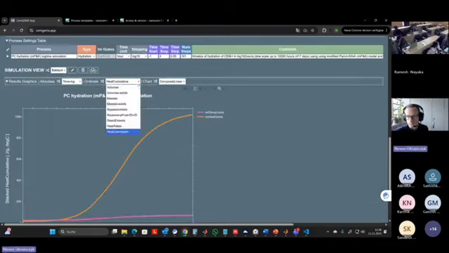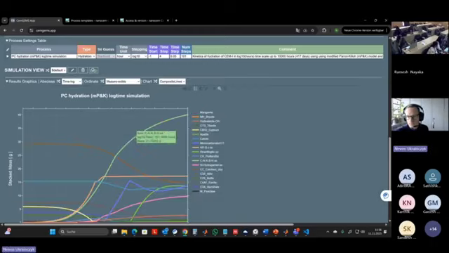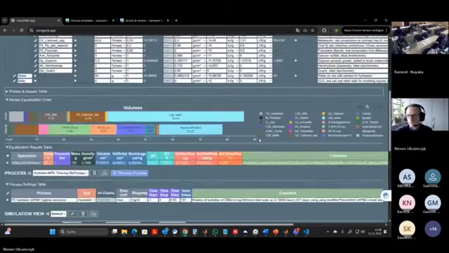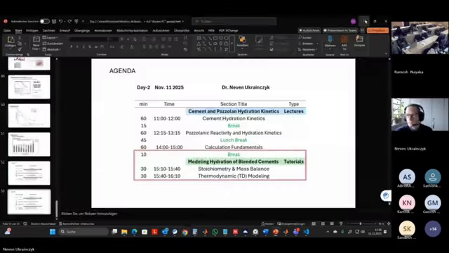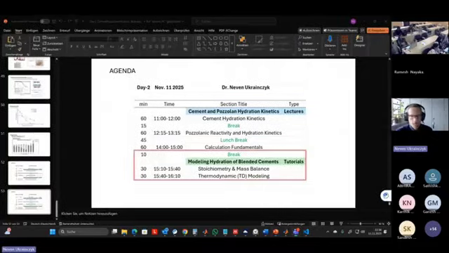Cumulative heat. Total amount of solids, how much C-S-H, you can see mostly it's C-S-H. Then it's the ettringite. This is the amount of reacted clay. Yes. So I'm open for your questions.